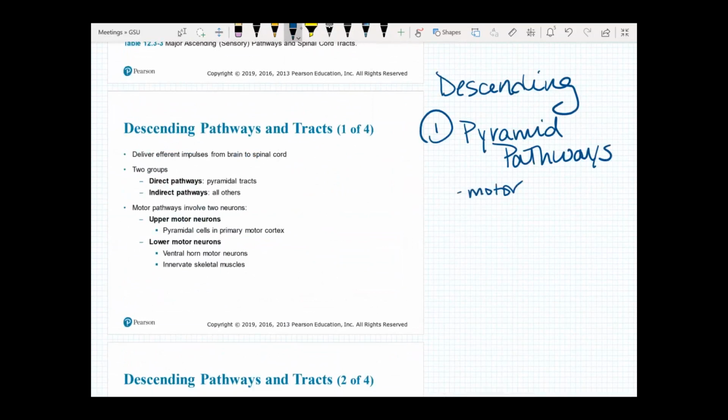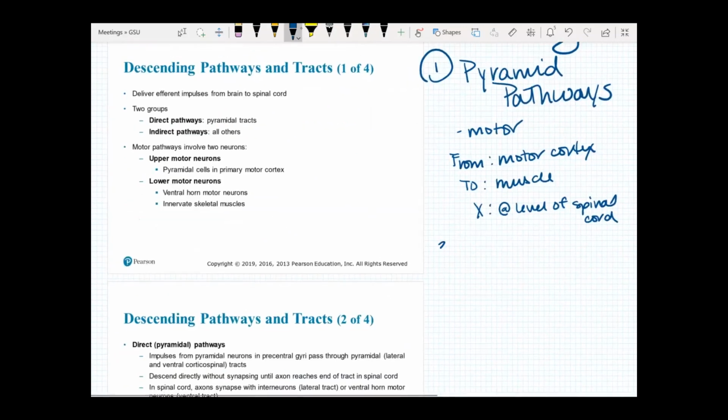They are coming from the motor cortex in the brain, and going to the level of the spinal cord or the muscle. And it will cross to the other side at the level of the spinal cord.